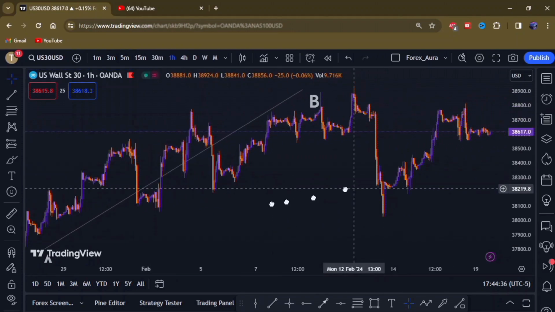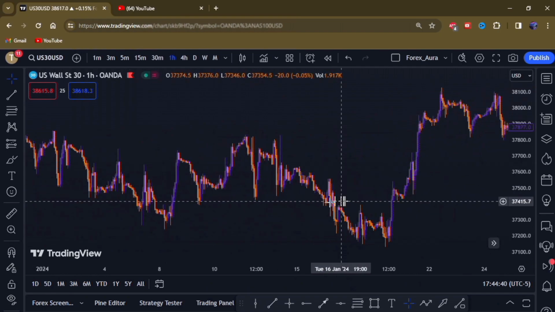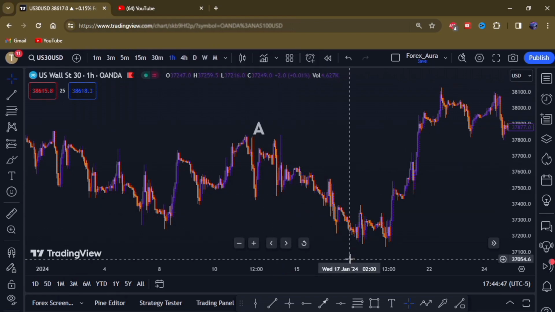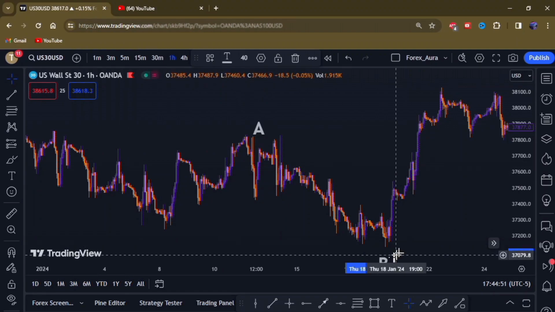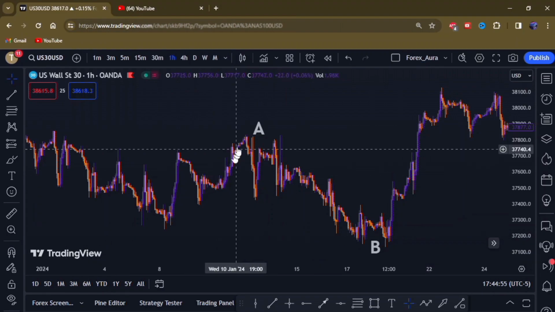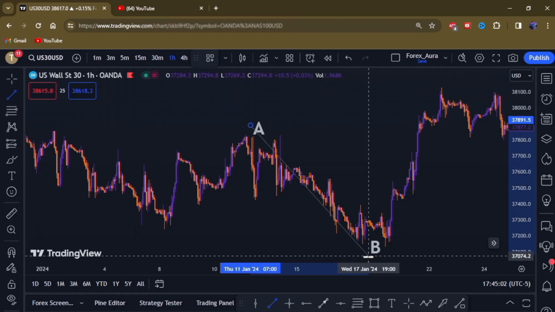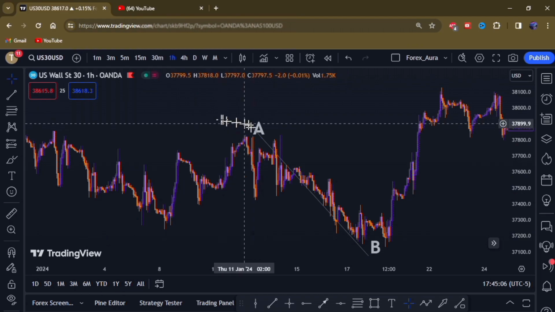Okay, now let's check the opposite of this, where the market trend is bearish. We have our point A and our point B. We can see that the market from A to B, the gradient of this trend line is negative because from A it doesn't go up but it goes down.